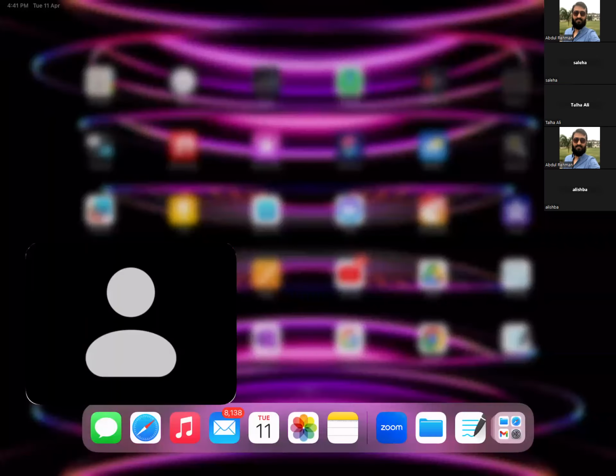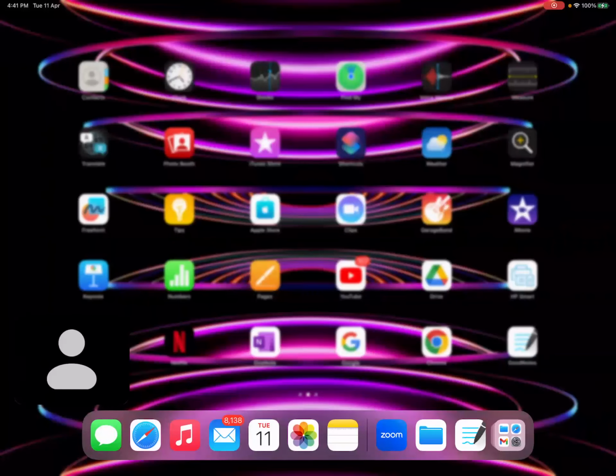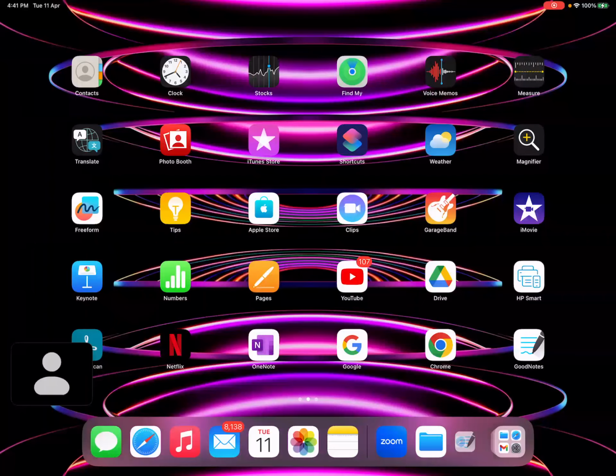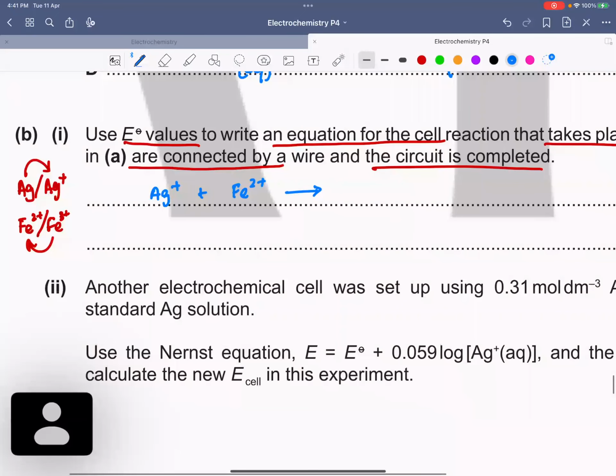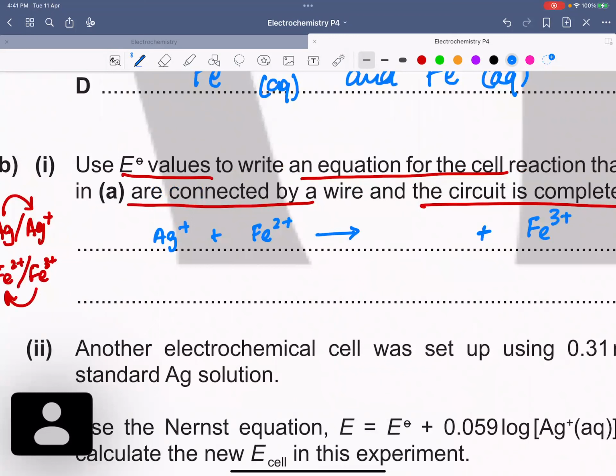Then iron 2+ would oxidize to give you iron 3+, and Ag+ gains an electron to give you Ag. So that would be the net equation.